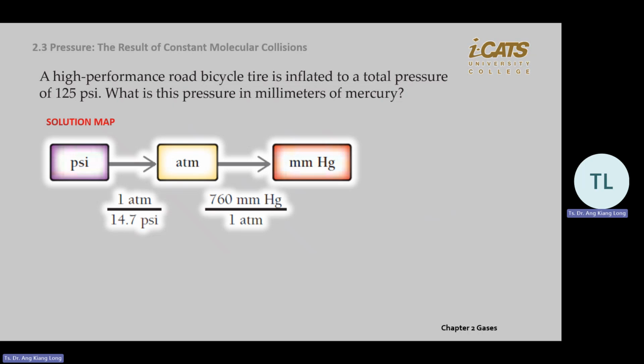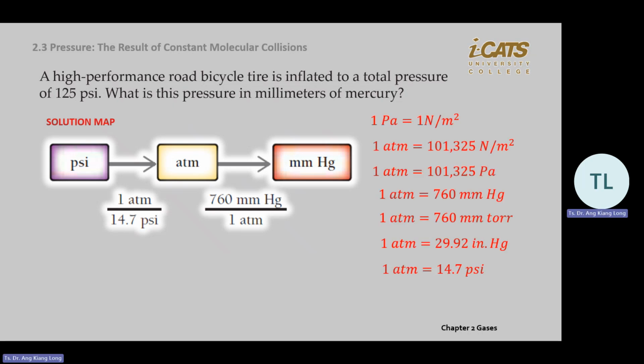You can convert to how many ATM first, then write how many ATM equal to how many mmHg. You can break into two steps. These are the equations that we learned so far, and we apply them in the tutorial question.